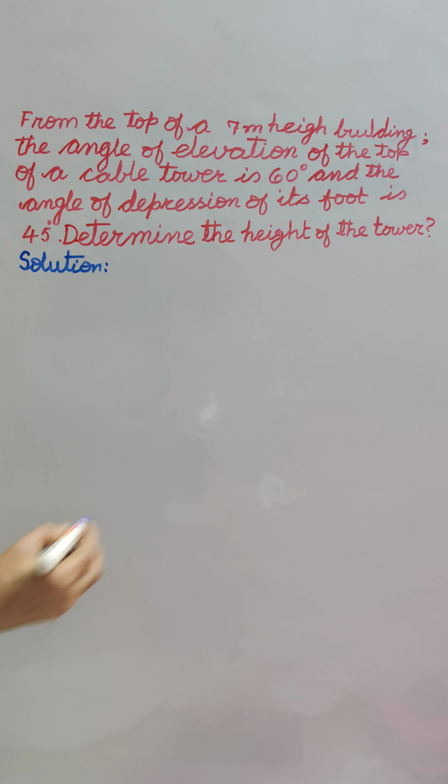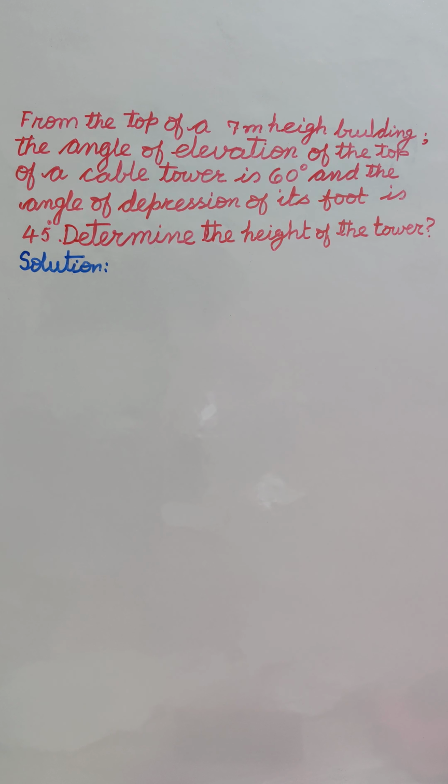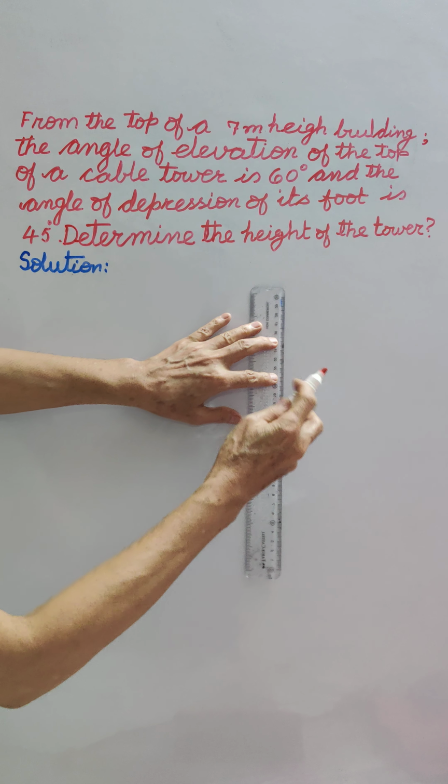Let AB be a 7-meter high building. There is AB, which is 7 meters high.